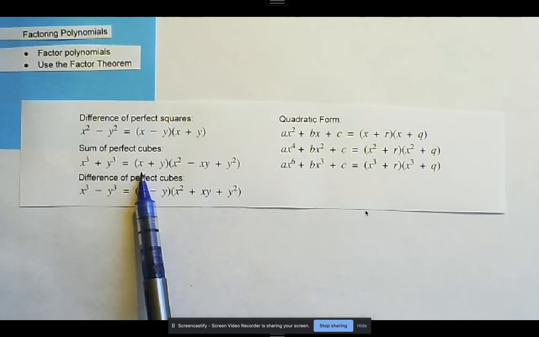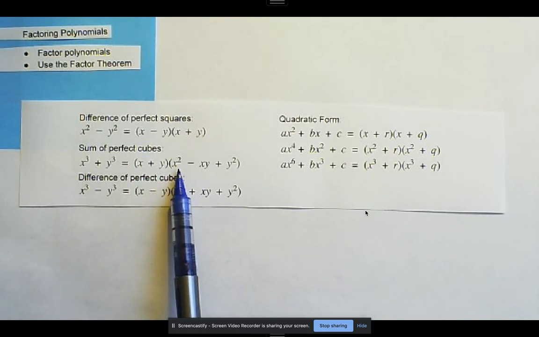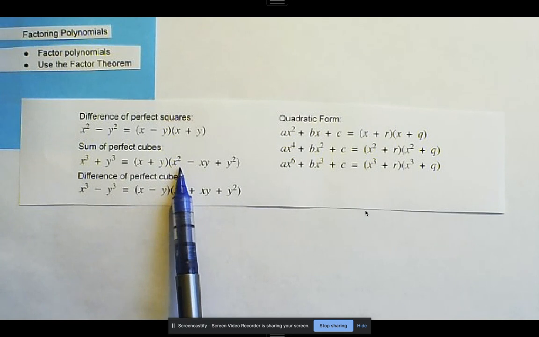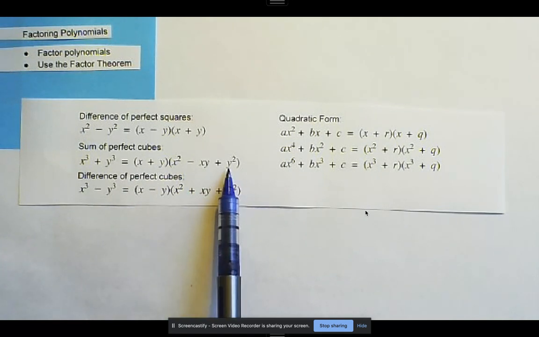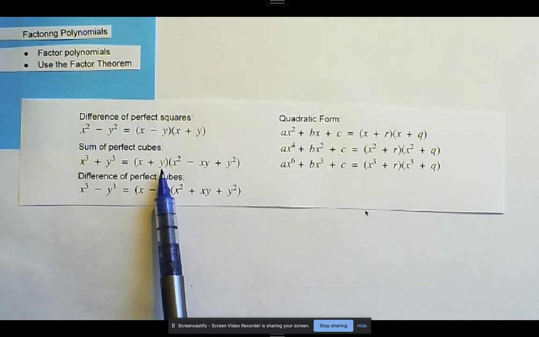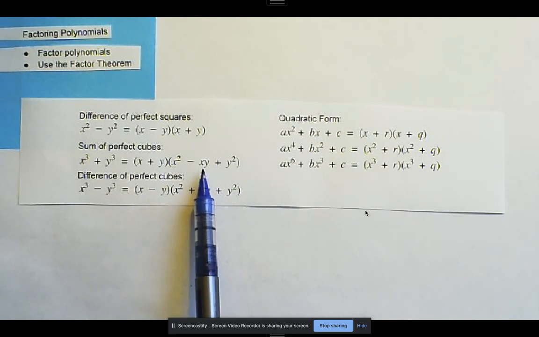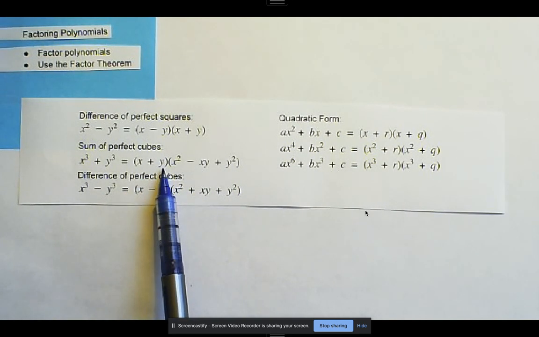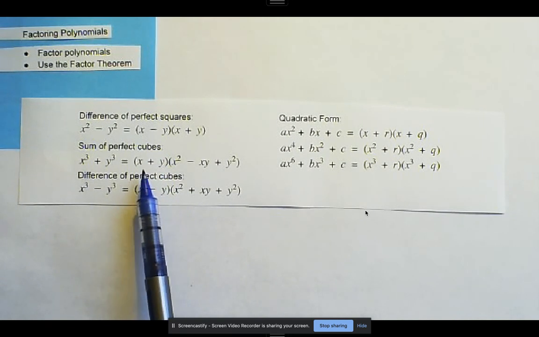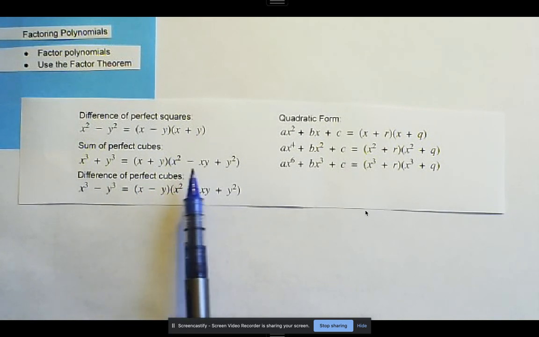So the first term in the binomial is x, so we have x squared. So whatever that is, we square it. The last term is whatever the second term in the binomial is squared, so we have y squared. And the middle term is x times y, or the first term of the binomial times the second term of the binomial.